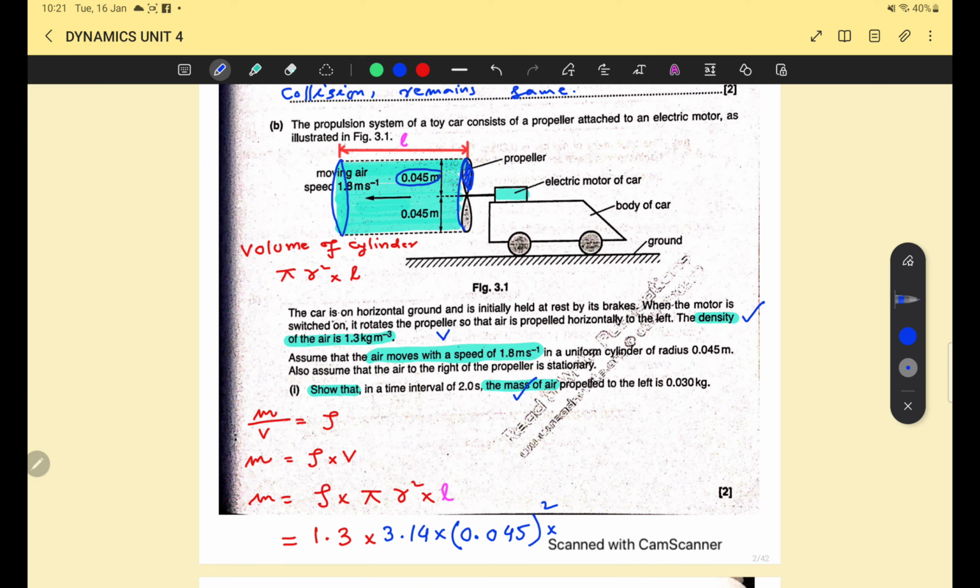It is the speed, and we are also given the time. Time is 2 seconds.